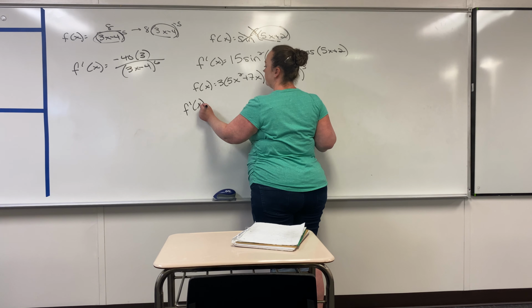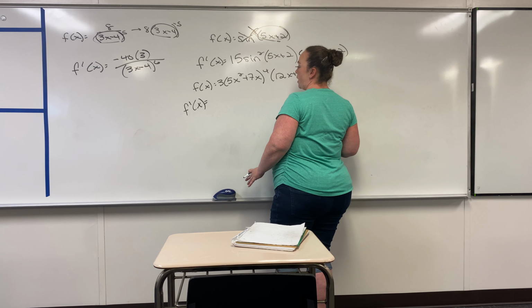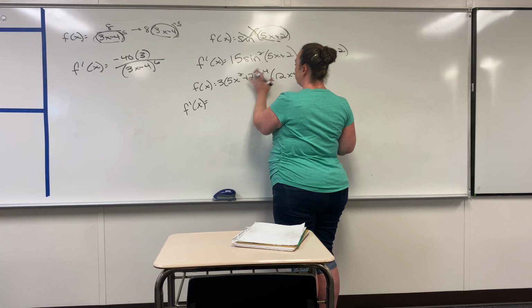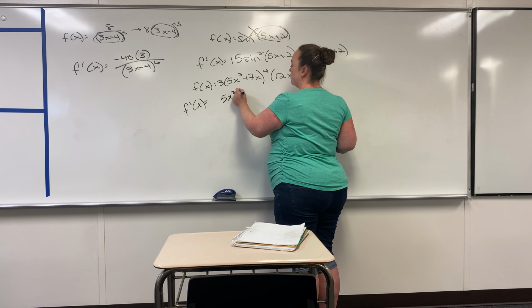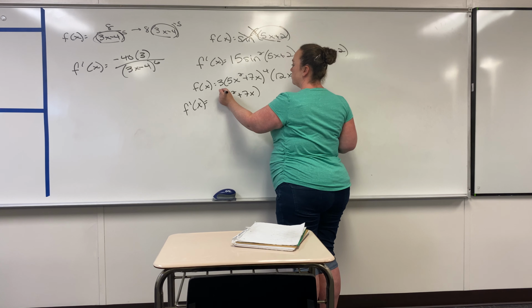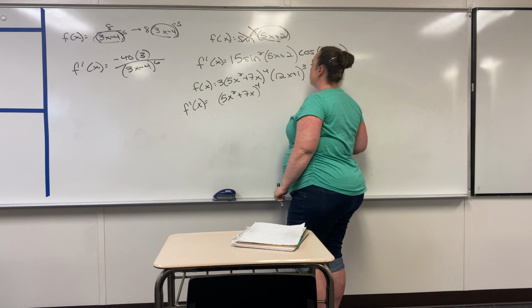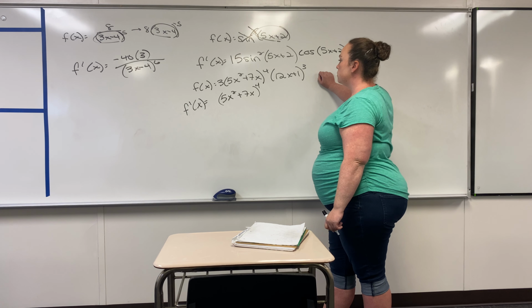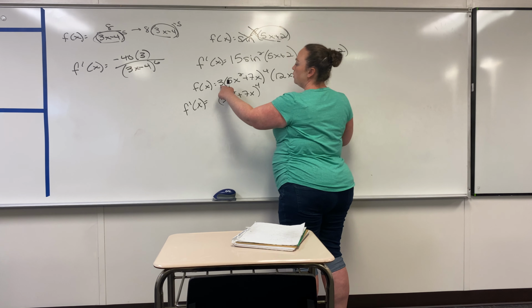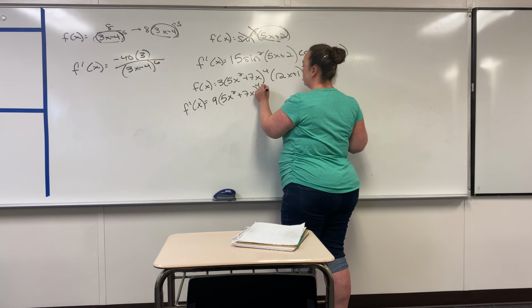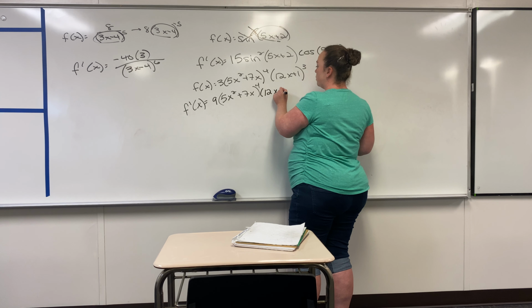So product rule, you have first times derivative of second. To take the derivative of the second, I'm going to pull the 3 down with this 3, so really it's a 9. I'm going to have 12x plus 1 squared.